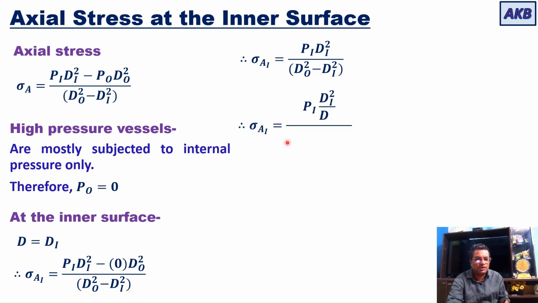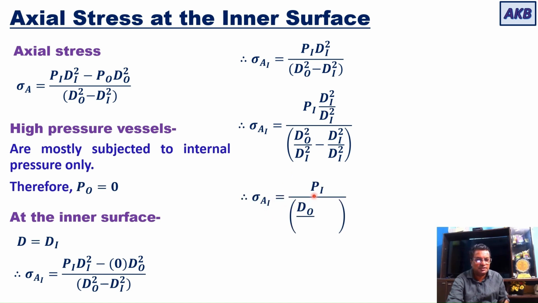In the next step, I will take di square common from the numerator and the denominator. If I do that, we will get pi into di square upon di square, and the whole thing divided by do square minus di square upon di square. That gives us sigma ai as pi upon do square upon di square minus 1.